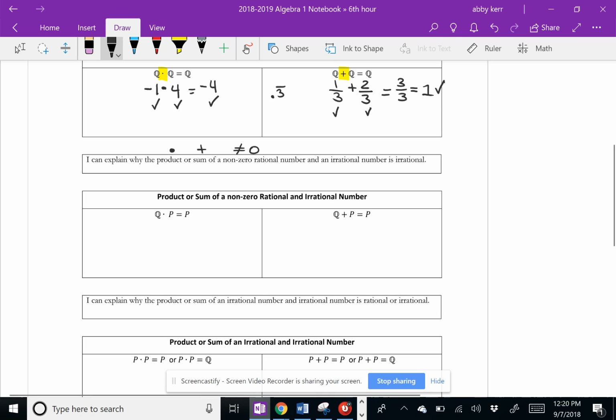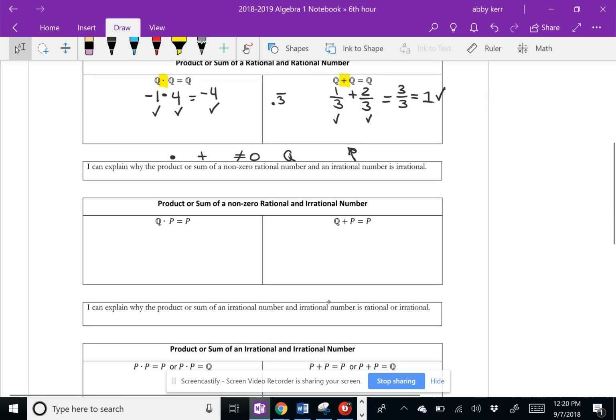So just for this class, for right now, we're just talking about any rational number that's not 0. So for this property, we have rational, because that's our Q, times irrational, which is our P, equals P.